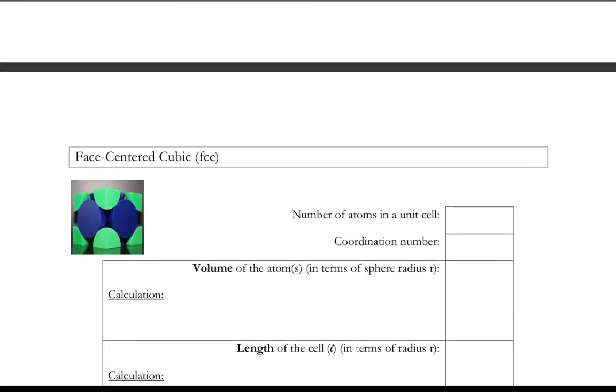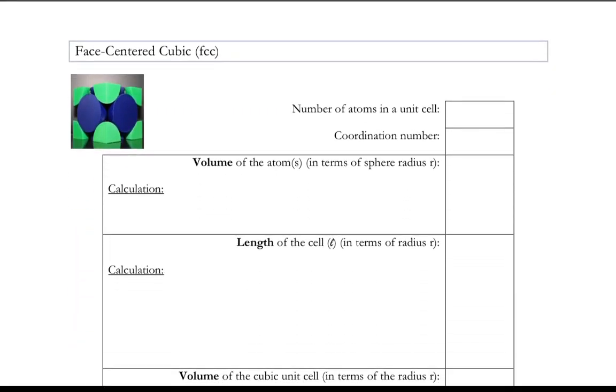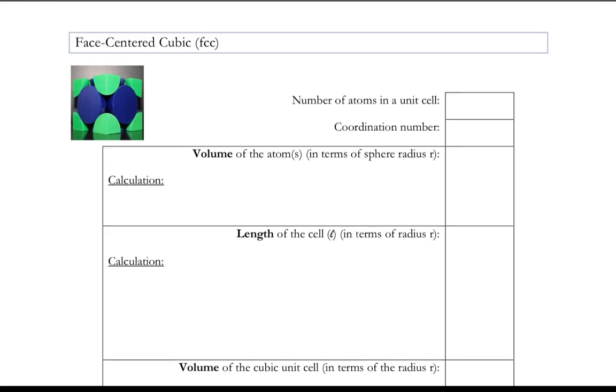Okay, and then we're doing the same thing for the face-centered cubic, figuring out the number of atoms in the unit cell, the coordination number, the volume of the atoms. So the number of atoms times 4/3 pi r cubed, that's what goes in the volume of the atoms. The length of the cell, L in terms of r, we described that above.